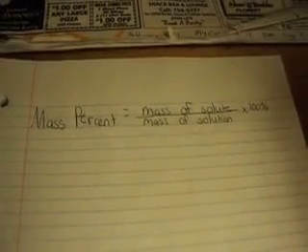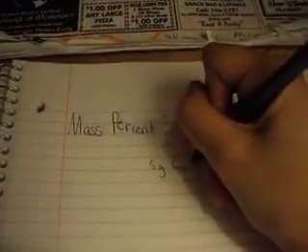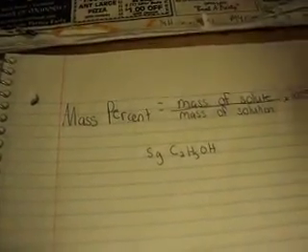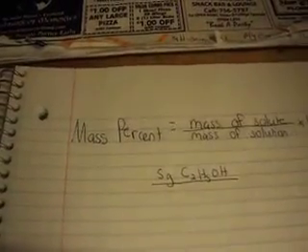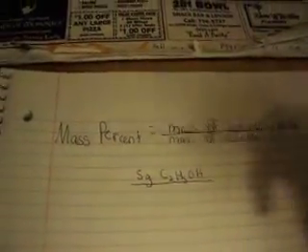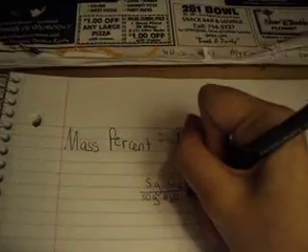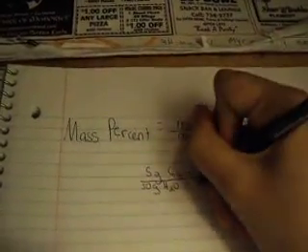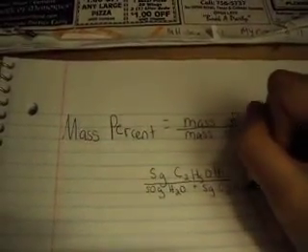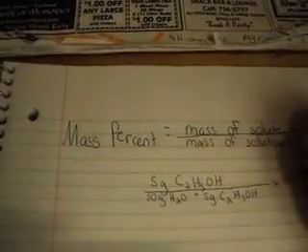The mass of solute is ethanol, which is 5 grams, over the mass of solution, which is 50 grams of water plus 5 grams of ethanol, times 100%.